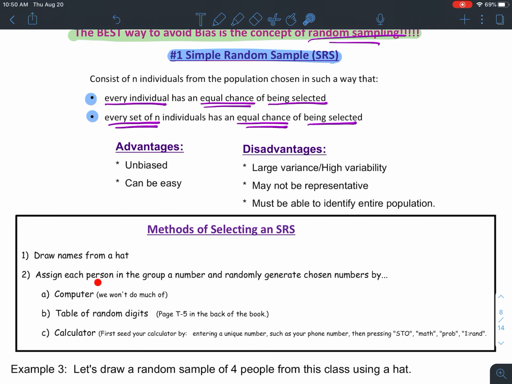Other options are to assign each person in the group a number, and then use either a computer, which we usually don't do much, a table of random digits, which we'll talk about tomorrow, or say you're going to use a random number generator on your calculator to generate 10 numbers from 1 to 100, and you've assigned every person a number 1 to 100.